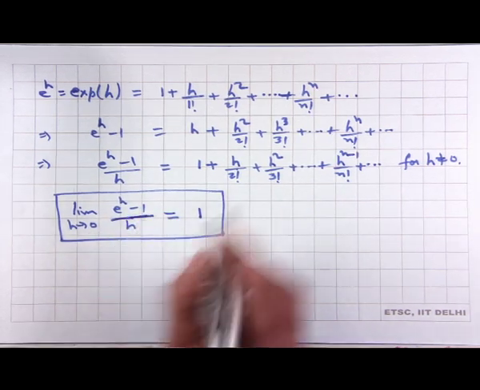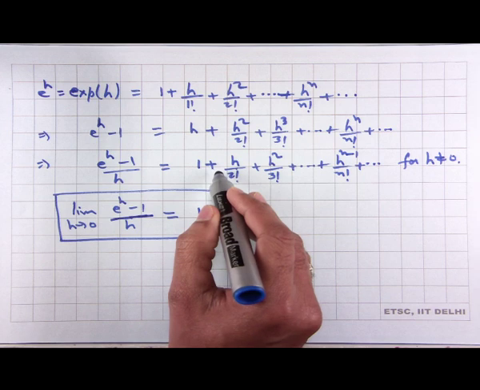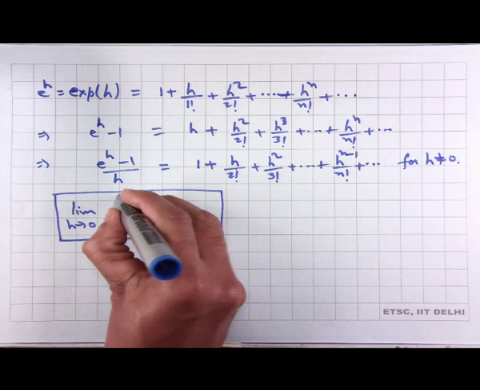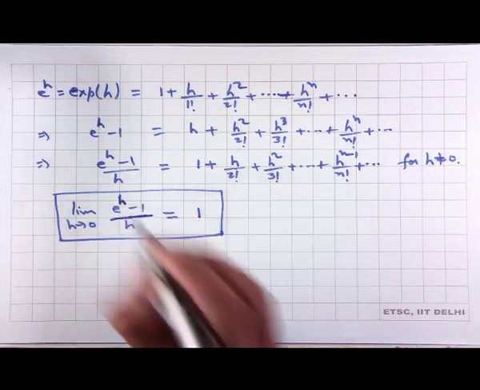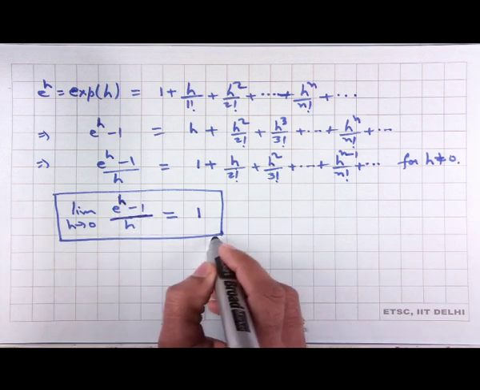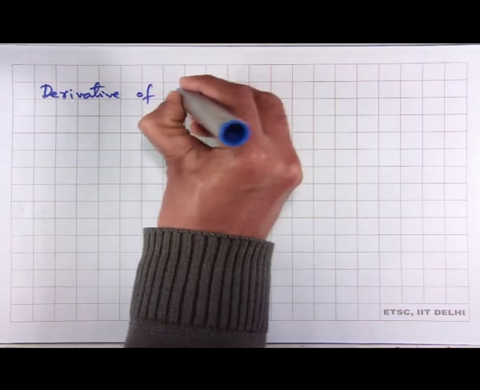So, it can be shown that this limit as h goes to 0 approaches 1. This is one important limit that we will need. Now, we will try to calculate the derivative of e to the x.